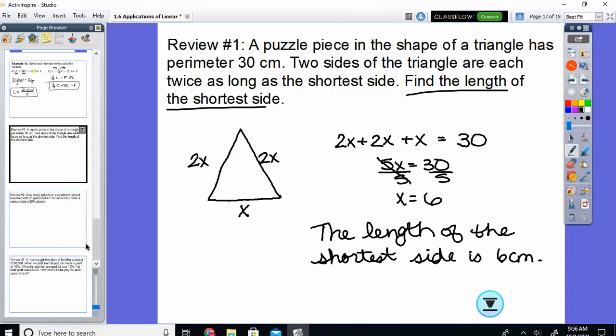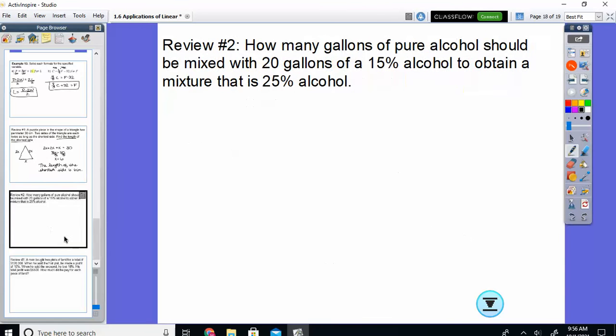So let's do a mixture problem to review. How many gallons of pure alcohol should be mixed with 20 gallons of a 15% alcohol to obtain a mixture that is 25% alcohol?